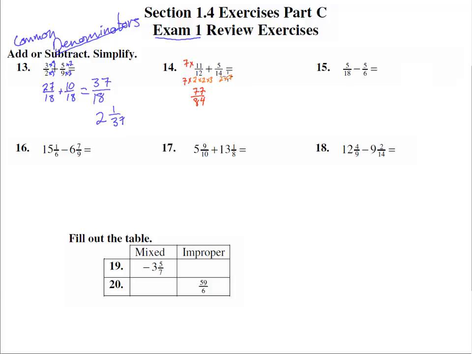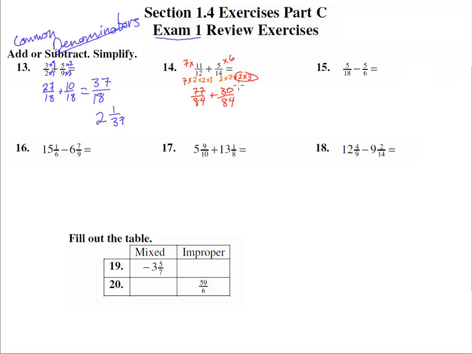Over here, in order to make that exact same thing, we needed another 2, and we would need a 3. So this we're timesing by 6. So we get 30 84ths.